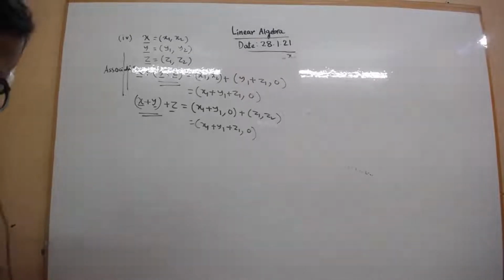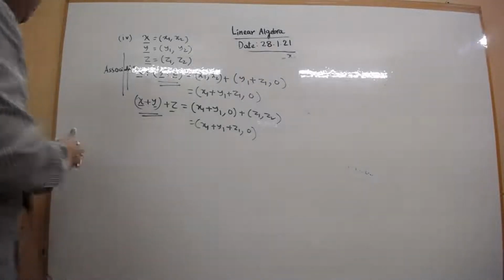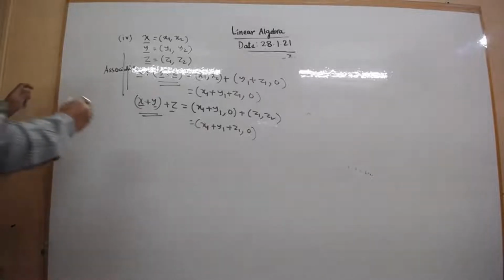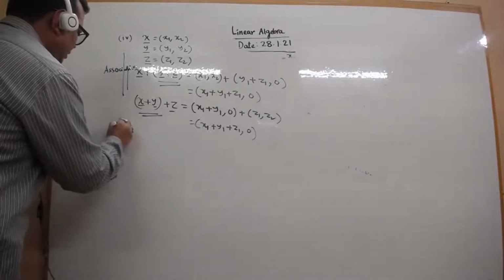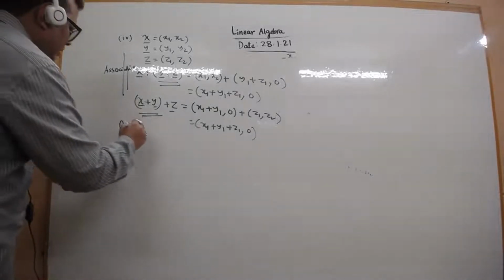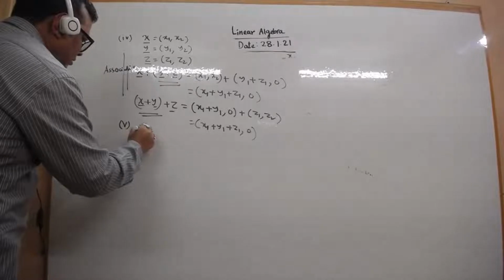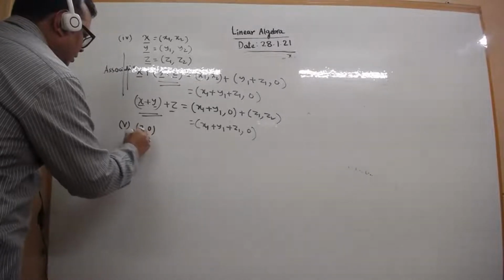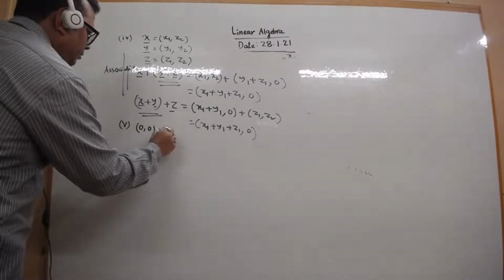Next, the fifth, that is the null element. Suppose you take (0, 0) as theta.